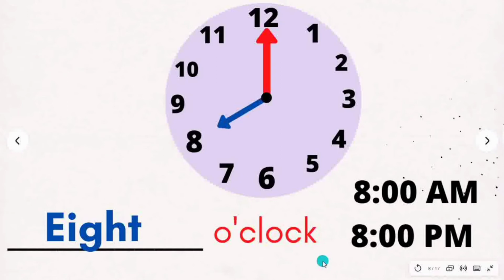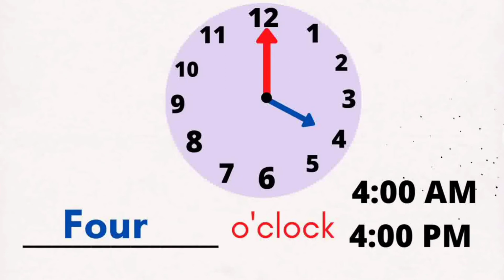It is the same as the others. You can also write it like this: 8:00 a.m. and 8:00 p.m. a.m. for morning, p.m. for afternoon and night. Okay, 8 o'clock, 4 o'clock, 3 o'clock.